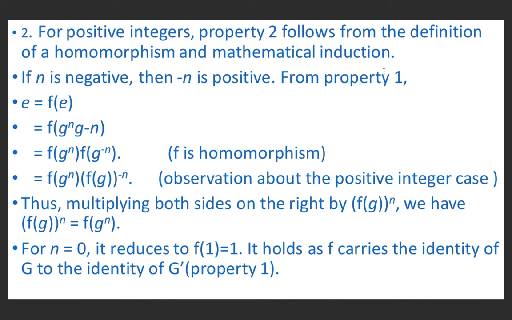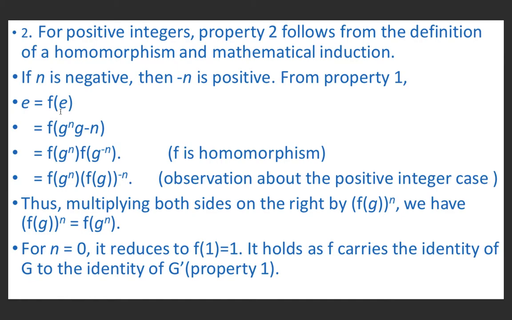It is easy to prove. If n is negative, then minus n is positive. So from property 1, we know that e' is equal to f(e), because f carries the identity element of G to the identity element of G'.